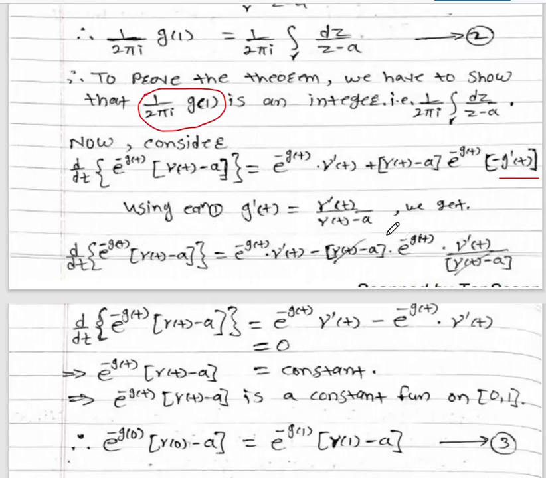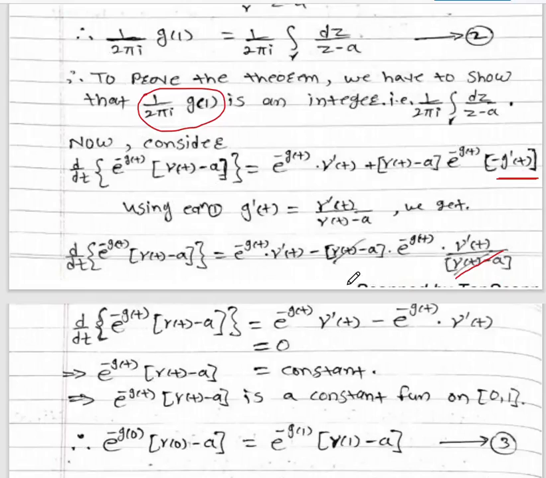So using equation number 1, we put here g dash of t. Left hand side as it is, e raised to power minus g of t into gamma dash of t, minus gamma of t minus a, e raised to power minus g of t, into the value of g dash of t, that is gamma dash of t divided by gamma of t minus a.